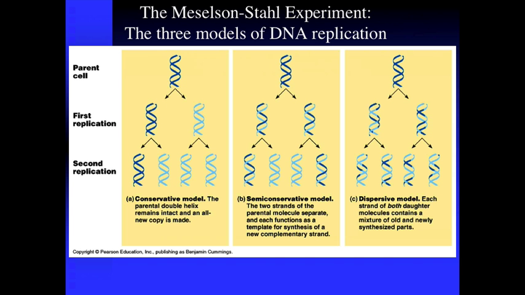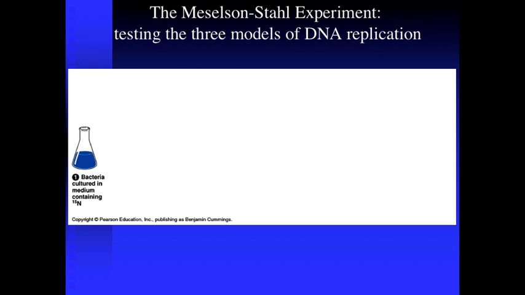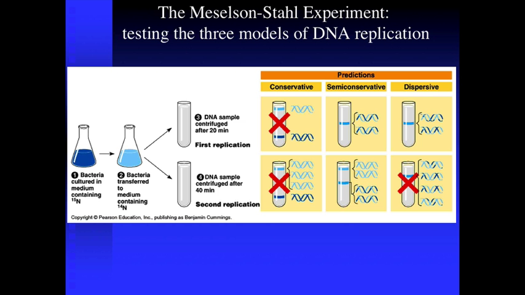Especially since we're off to a late start here, I want to quickly show you the experiment that was done to verify Watson and Crick's hypothesis of self-replication. Meselson and Stahl did this great experiment. They grew bacteria on a medium containing a heavy isotope of nitrogen, N15.